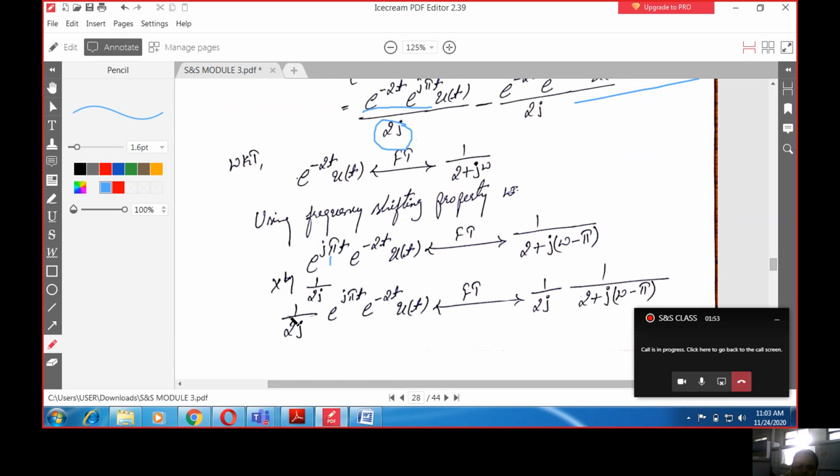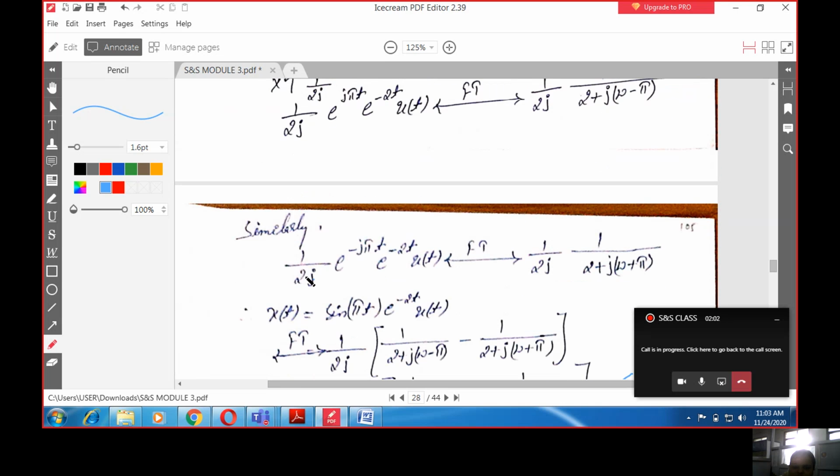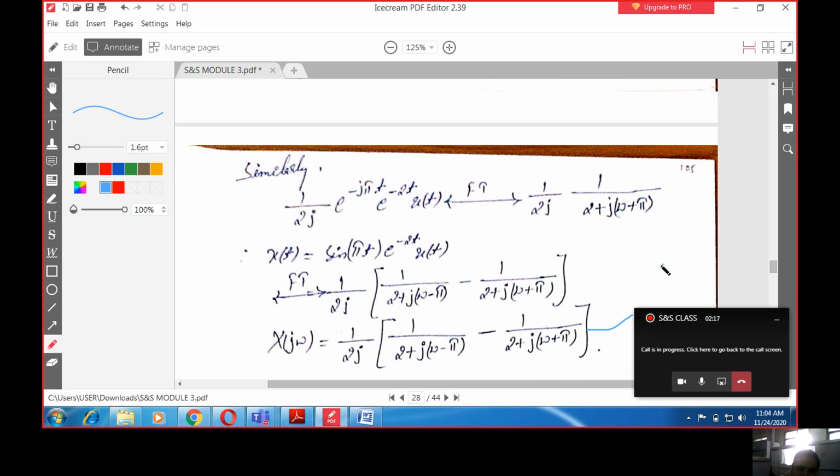Then multiplying both sides by 1 divided by 2j, you'll be getting 1 divided by 2j times 1 divided by (2 + j(ω - π)). In the same way, you have to go for the next term, that is 1 by 2j e^(-jπt) e^(-2t) u(t). The Fourier transform is going to be 1 divided by 2j times 1 divided by (2 + j(ω + π)).